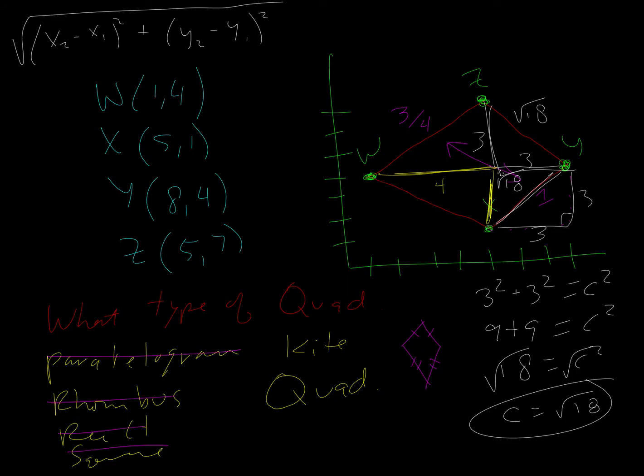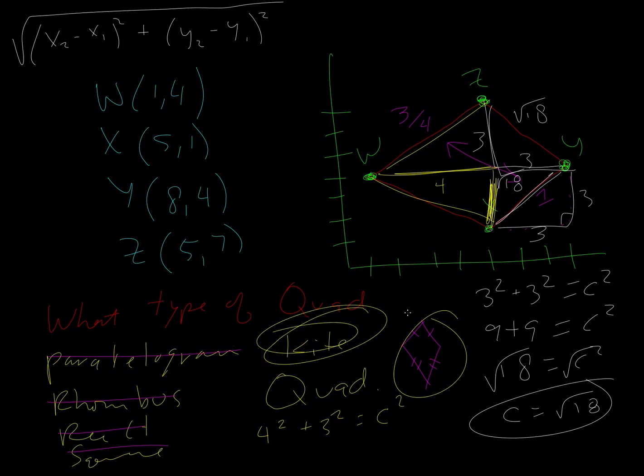So it's 4 and 3, and we don't actually need to find the value of the hypotenuse, because we know they're both going to be 4 squared plus 3 squared equals c squared. So if we solve for c, it's going to be the same. And so this one ended up being a kite. On the diagram, this is congruent to this, and then this is congruent to this. Okay?